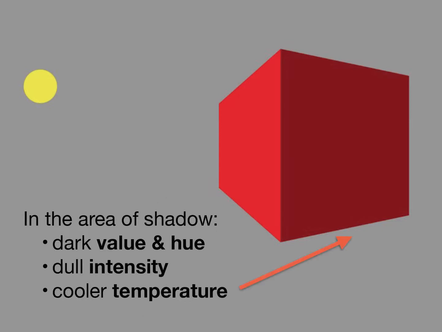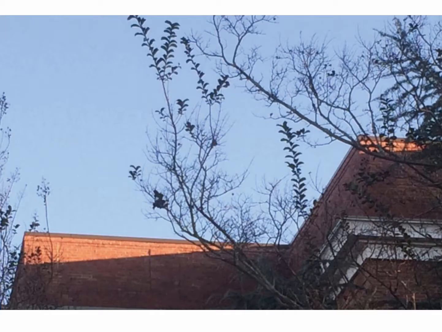In contrast, in the area of shadow, you have a very dark value and hue, you have a relatively dull intensity, and a much cooler color in relationship to the front face of the square. You can see that reflected in this photograph of the building that was used as a source for those earlier paintings, both the local and the optical color example.